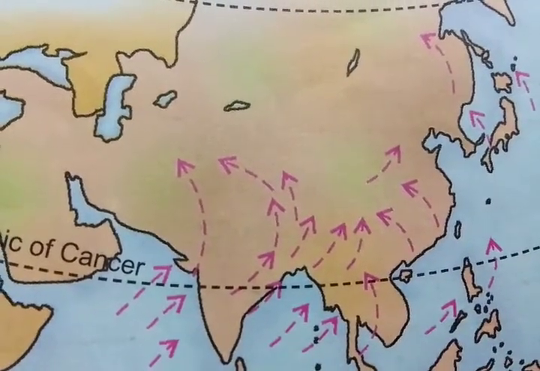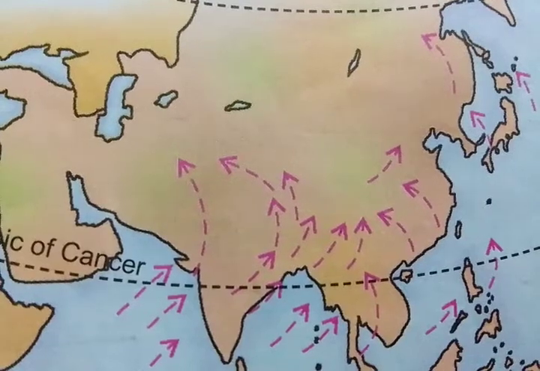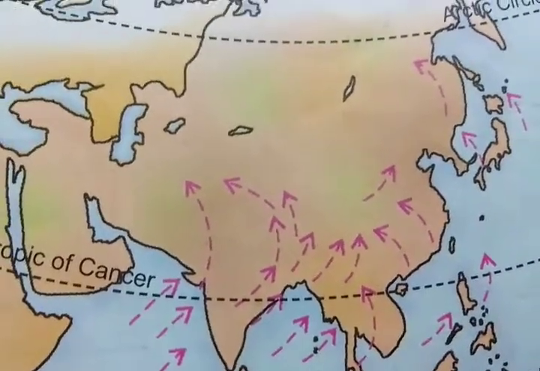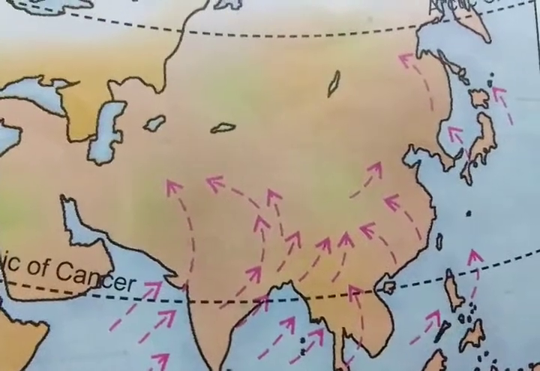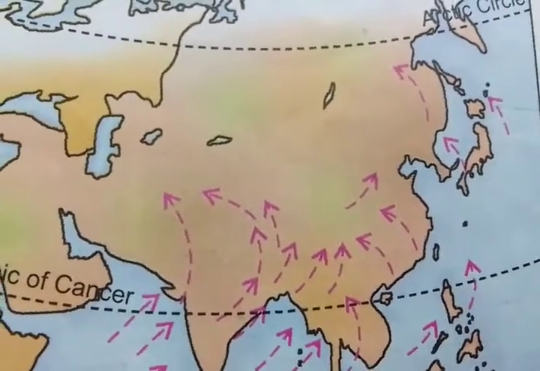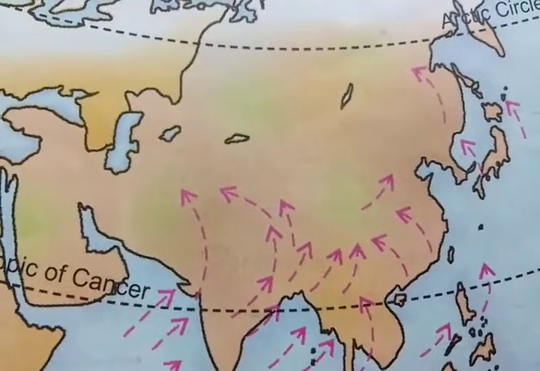Now I am telling you that whenever a region becomes very hot, the air pressure of that area becomes very low, as hot air rises up and so creates low pressure, and cold dry air creates high pressure as these are heavy enough.